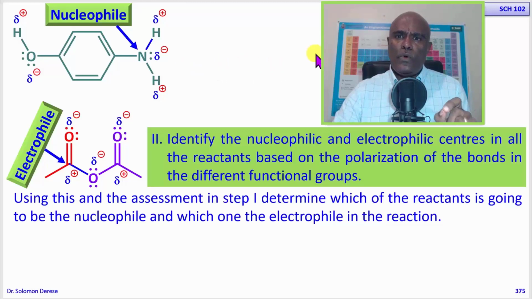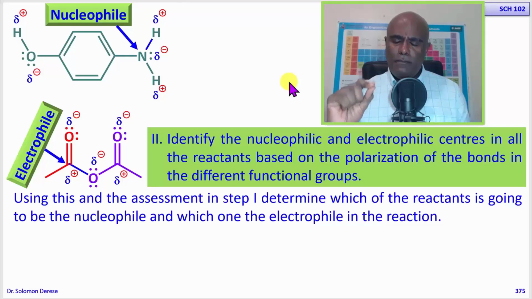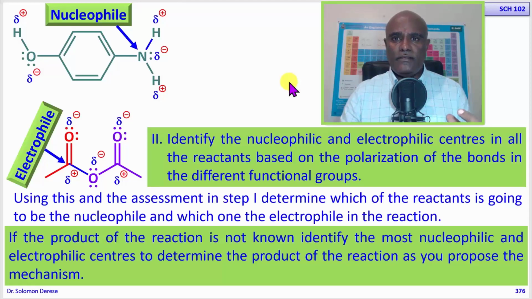Even when you don't know the product of a reaction, you can easily predict what the product is going to be if you analyze the reacting species and determine their most nucleophilic and their most electrophilic centers. For sure, the bond formation is going to be between the most nucleophilic and the most electrophilic centers in the two reacting species. So that's what this is saying.